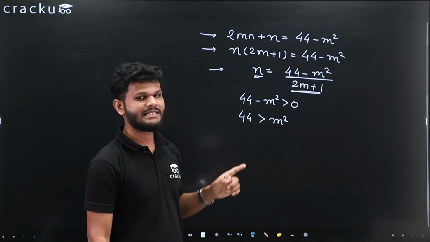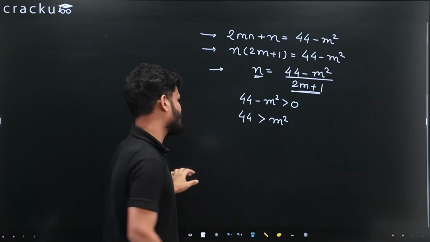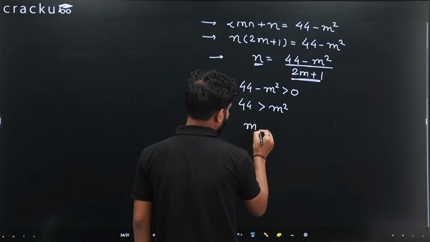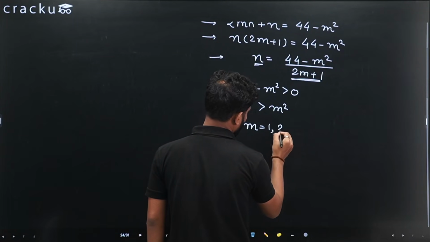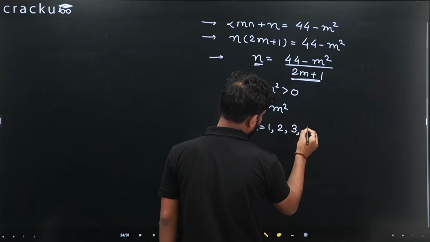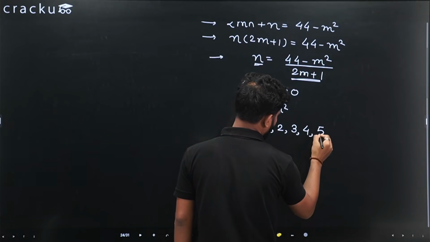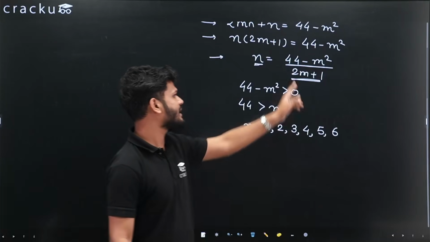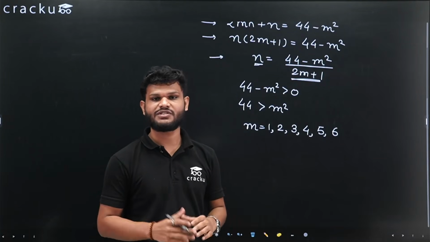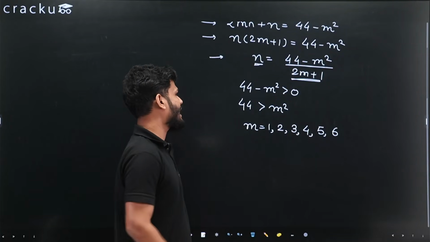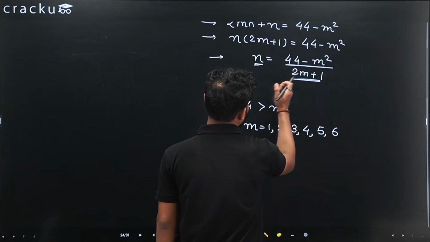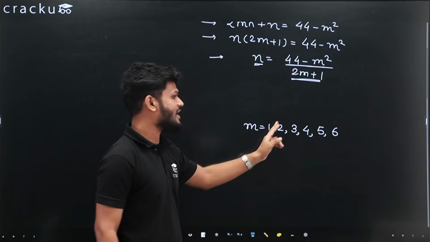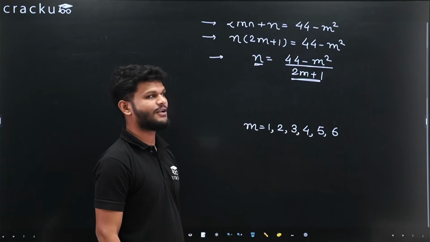So if m square is less than 44 and m is a positive integer, m can be 1, 2, 3, 4, 5 or 6. If you take m is equal to 7, it will be 44 minus 49, which will be a negative value, and hence n won't be a positive integer. Now we need to check for these values. These are the possible values of m.